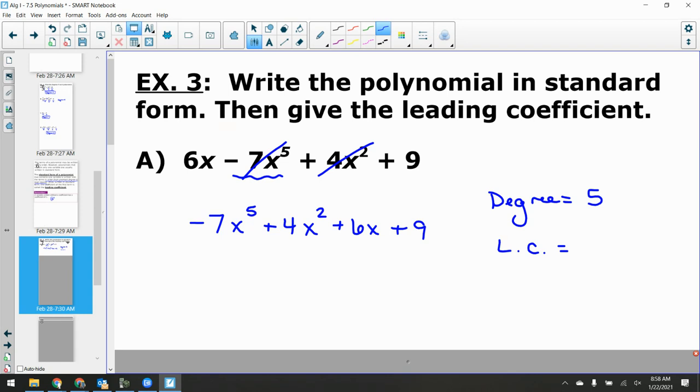Negative 7. Because technically, if I want just the coefficient, I am only asking for the number that's multiplied to the x term. So the leading coefficient, the one that's in front, is negative 7.